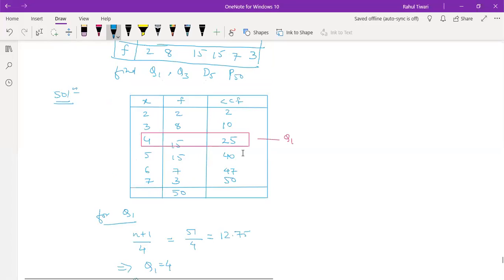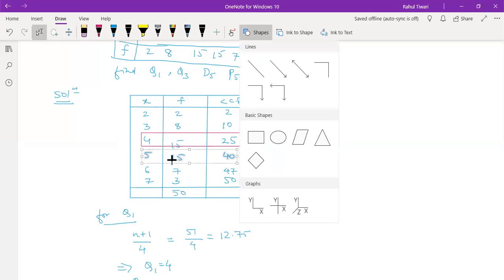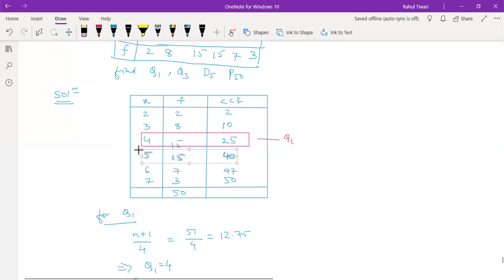Find out. 38.25 will be occurring here, right? So this is the Q3 value. It will be here.